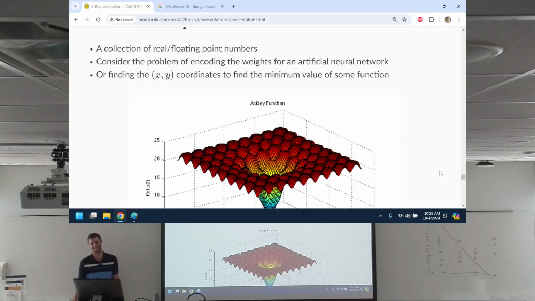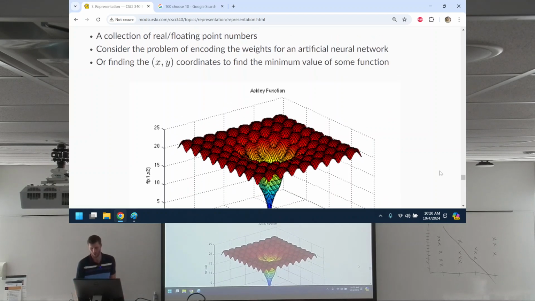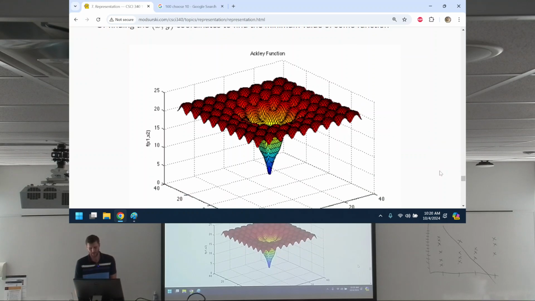No. You missed a lot of numbers. 1.000001. I still have a finite number of bits. I can't possibly represent all possible real numbers. So we use our hack of floating point numbers to just make it work. I know I might feel like I'm being overly pedantic, but it's important to make sure we are remembering this. All right, so this is called the Ackley function.